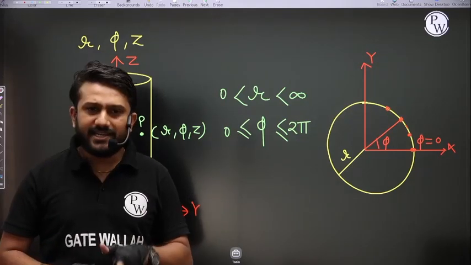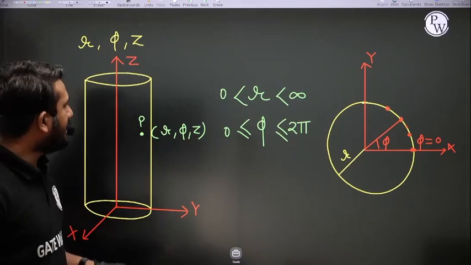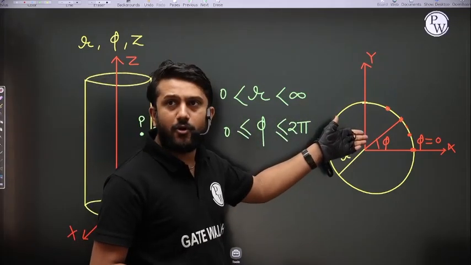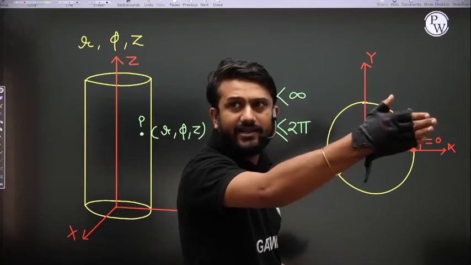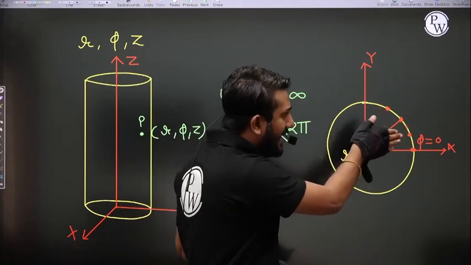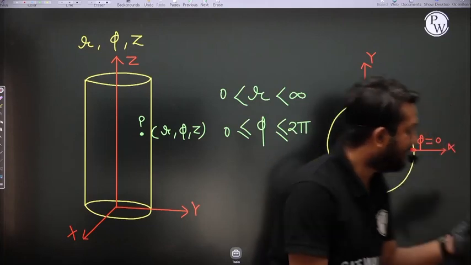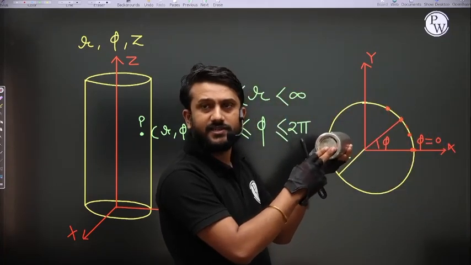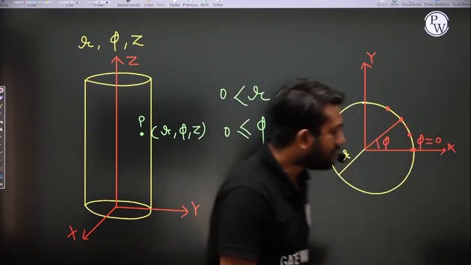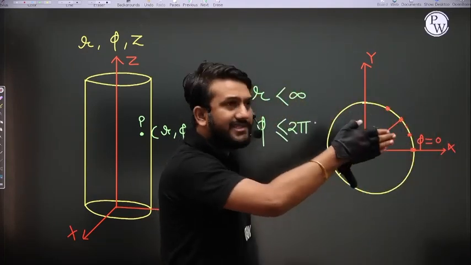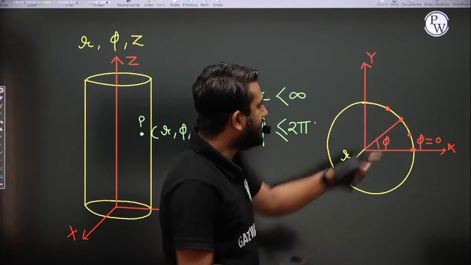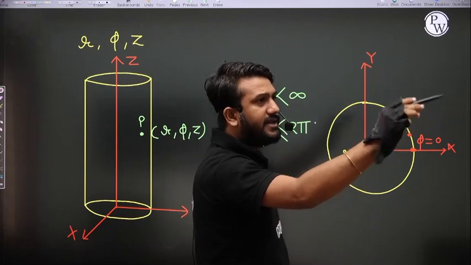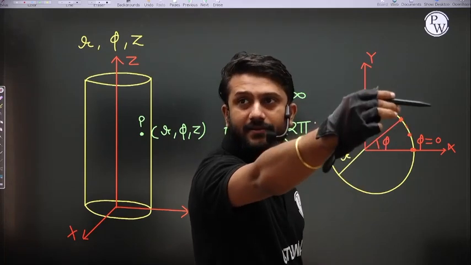Whereas in space, perpendicular to the monitor, let us assume there is a cylinder. If you see only this face, perpendicular to the board, there is a cylinder. Now this point may be here, here, or here.